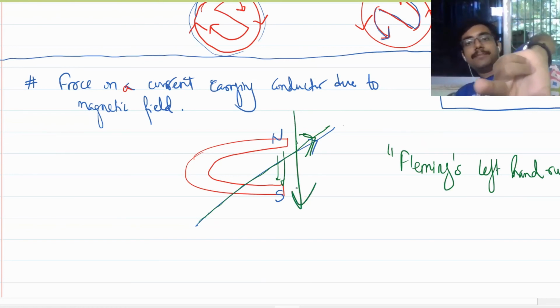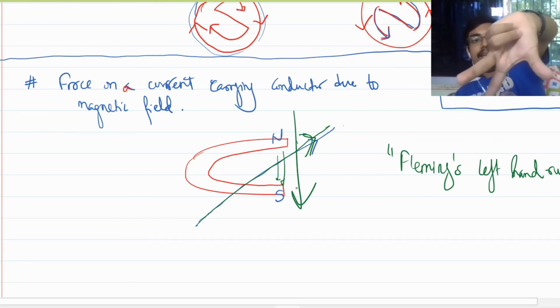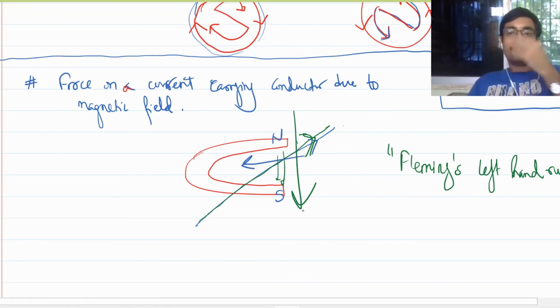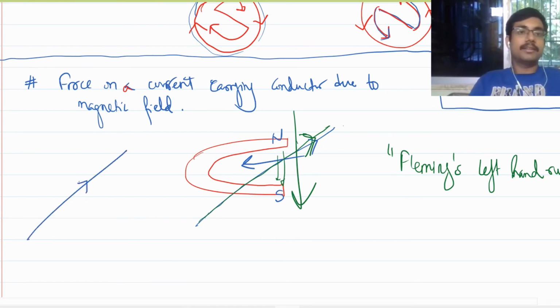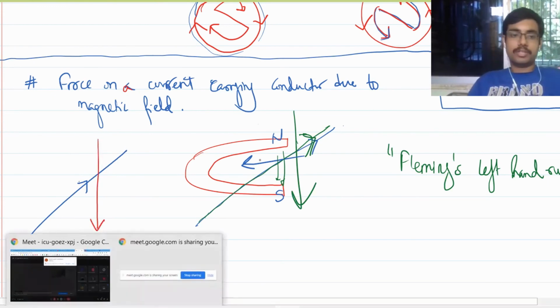Left hand. So the middle finger is pointing towards the direction of current. The index finger is pointing towards the direction of the magnetic field. Can you see the thumb is pointing towards left? Align your fingers in the proper direction. This is the direction of current, this is the direction of magnetic field, and these are perpendicular to each other.